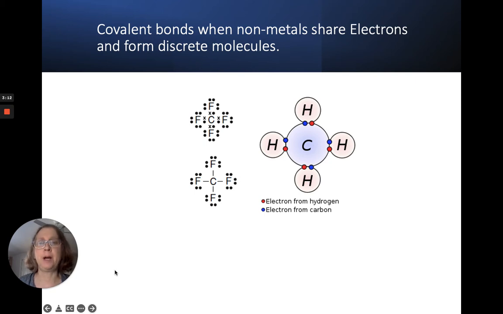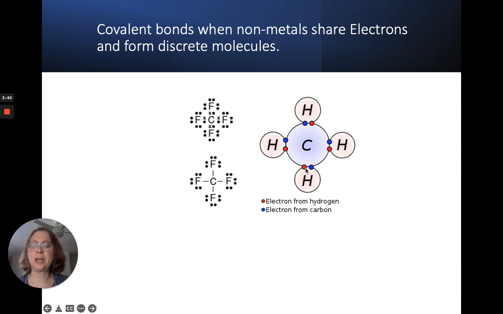Now, covalent bonds form when nonmetals share electrons and form discrete molecules. So take a look at this right here. This is CH4, and CH4 consists of a carbon and 4 hydrogen. Now, carbon has 4 valence electrons, and hydrogen only has 1. If they share their electrons, literally between, think of the C and the H as being where the nucleus is.